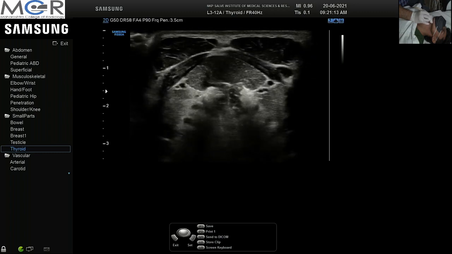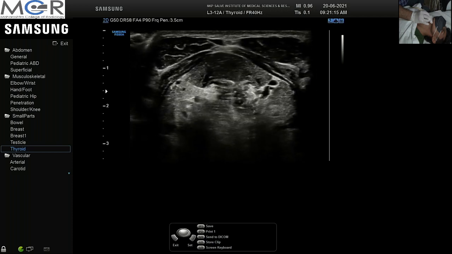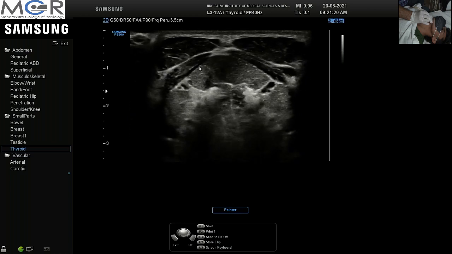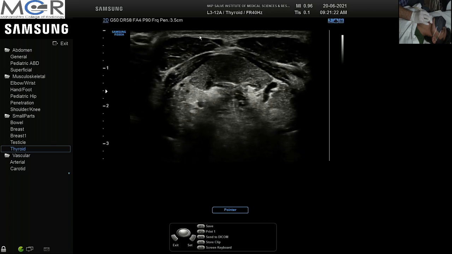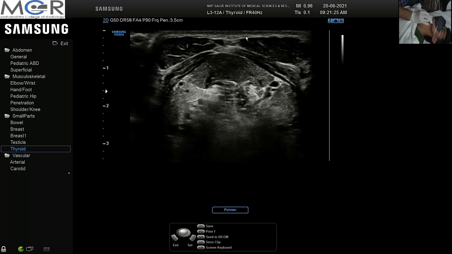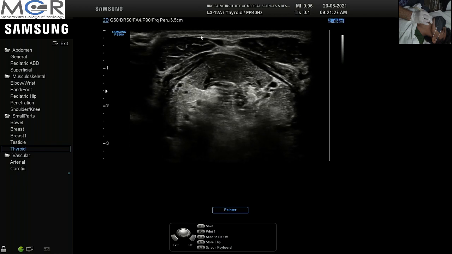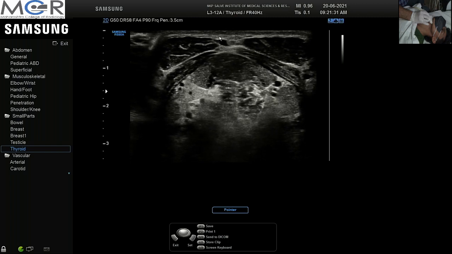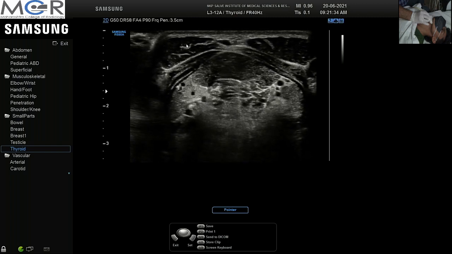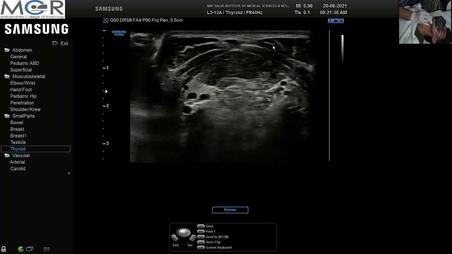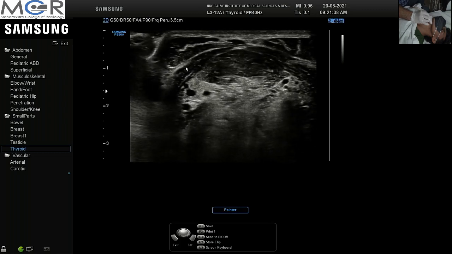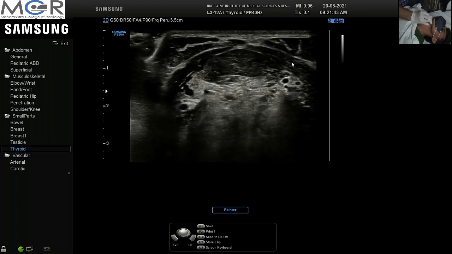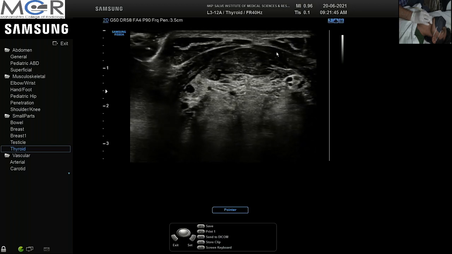So if I keep the probe transversely in the submental space, this is the anatomy that I am going to see. So first we see this thin strip of hypoechoic muscle, that is the platysma muscle. It should not be confused with the subcutaneous fat. On either side we have anterior belly of digastric, then this U-shaped muscle going from right to left is the mylohyoid muscle, which forms the floor of the mouth.